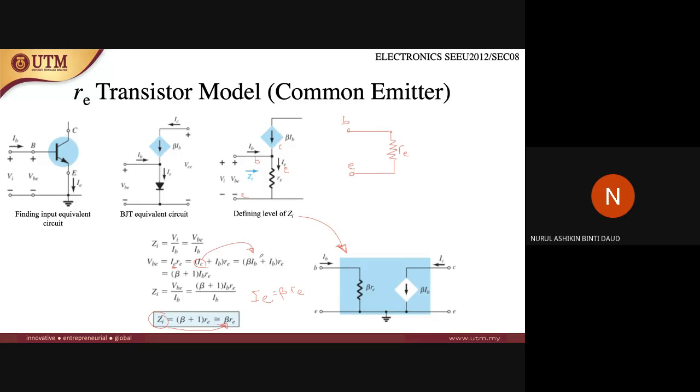From here, you can factorize this part. So it will be IB times beta plus 1, times RE. Since this plus 1 is too small, we can neglect or omit this part.